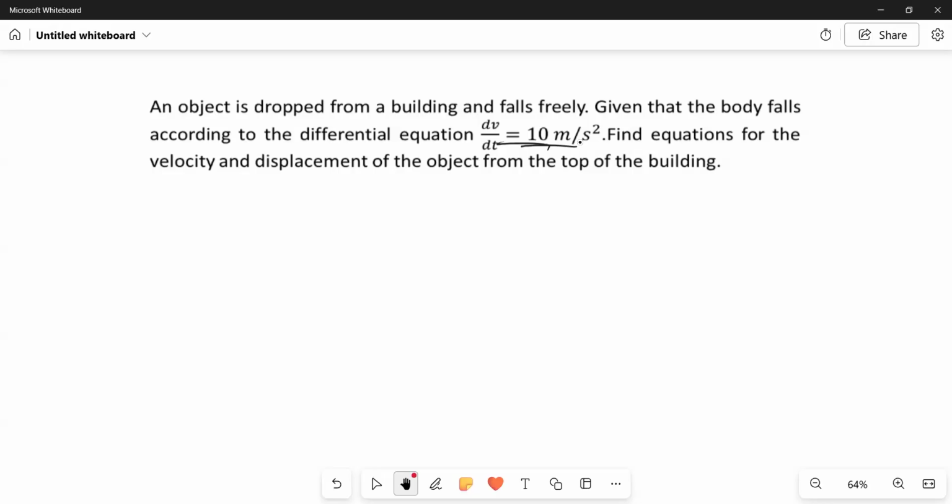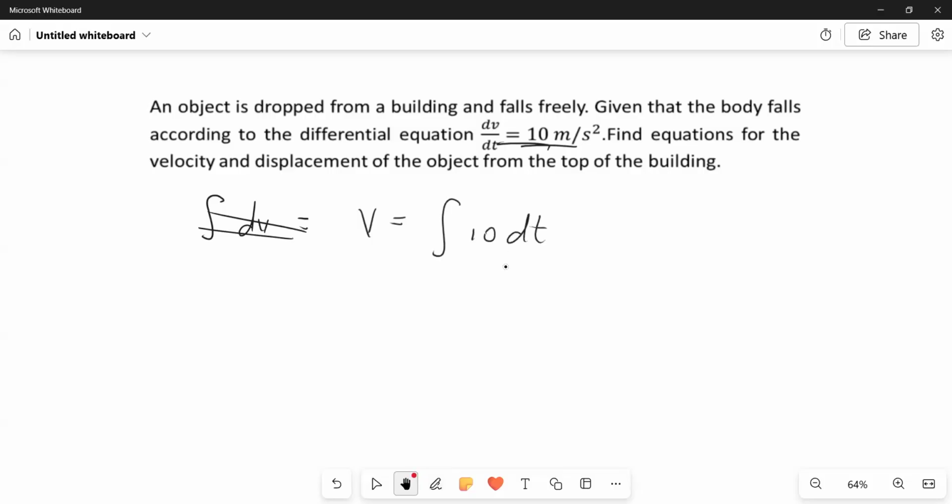So we just said that the integral of dv equals, in other words, v equals the integral of a, which is 10 dt.